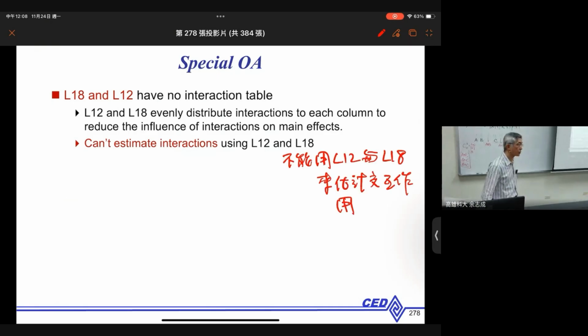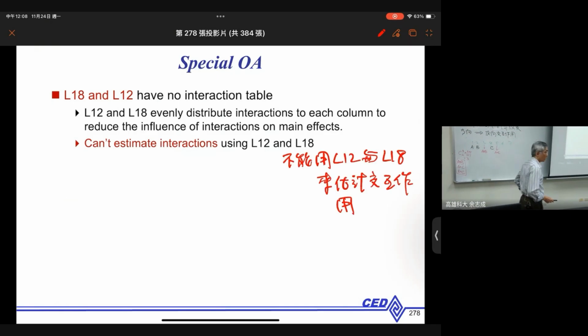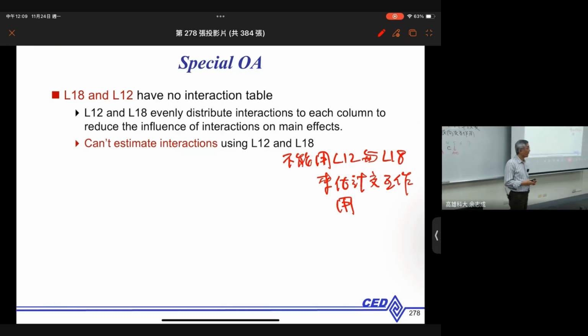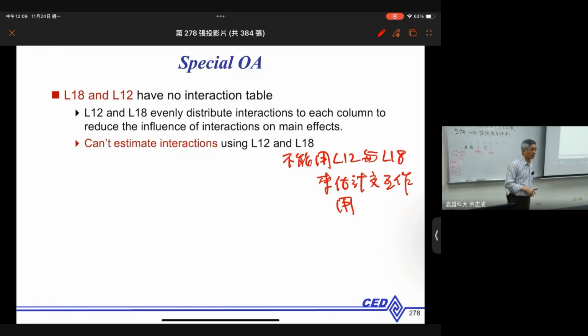If you are using L12 and L18, you cannot estimate the interaction effects, since the interaction effects are evenly distributed into each column. You cannot use a similar way to estimate the interaction effect, which means that you cannot draw the interaction plot if you are using L12 or L18.